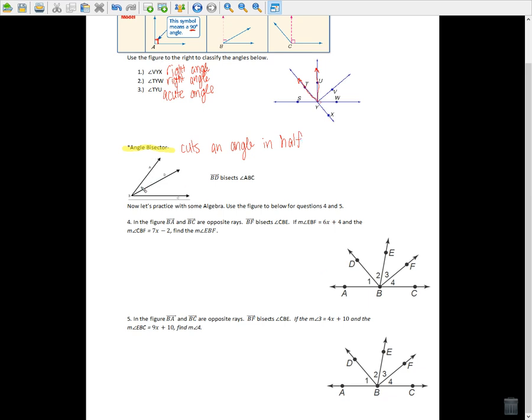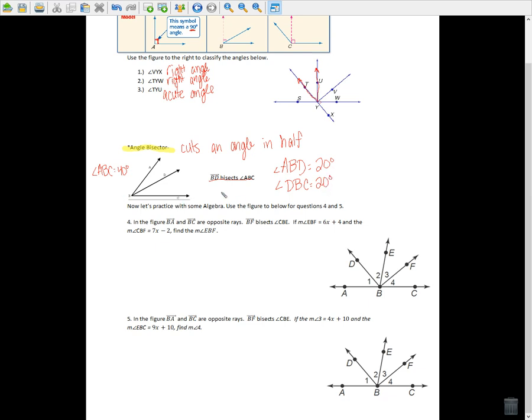So, for example, if this full angle ABC was 40 degrees, if ABC was equal to 40 degrees, and you told me that BD bisects angle ABC, well, that means that our two angles ABD and angle DBC would both be equal to 20 degrees.